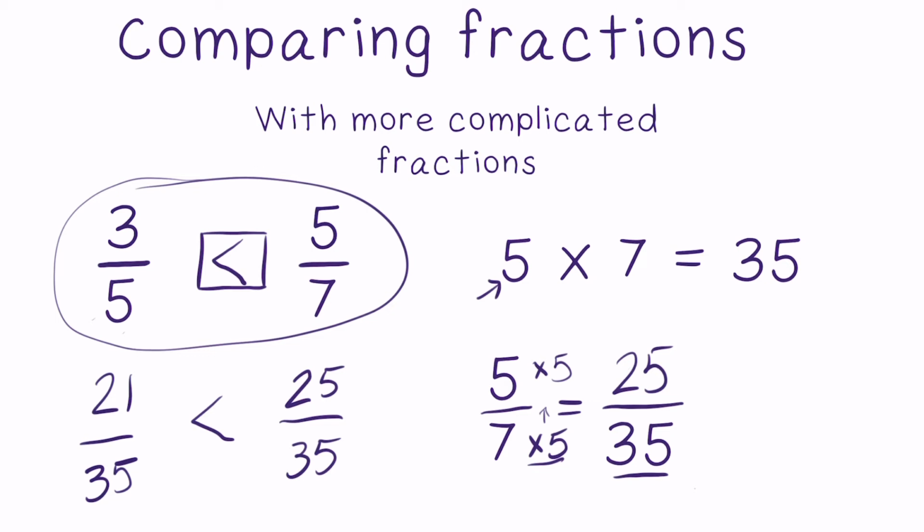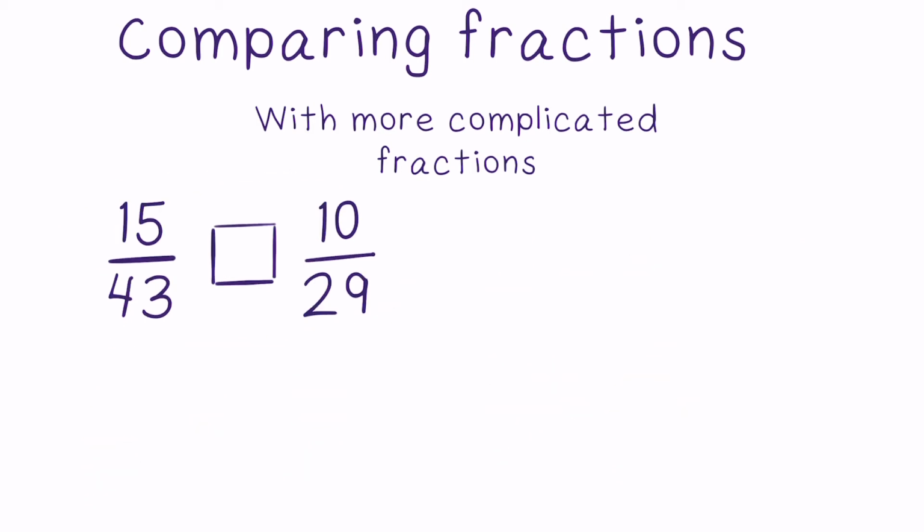So let's use this strategy with a slightly more complicated problem of comparing fractions. In this example, we're asked to compare 15/43 to 10/29. Now, as you might notice, the denominators in these two fractions are much bigger than the denominators we've been using so far.